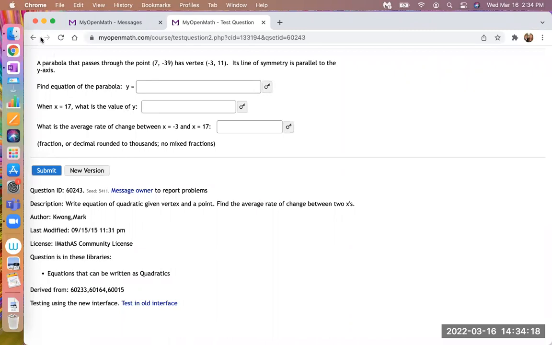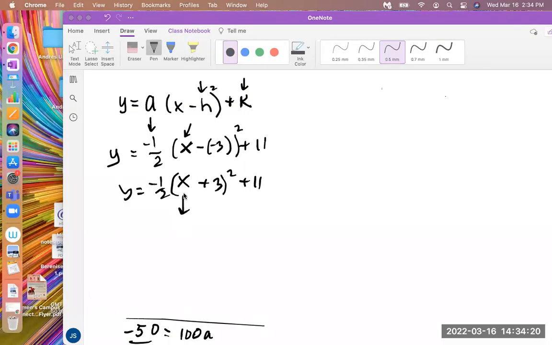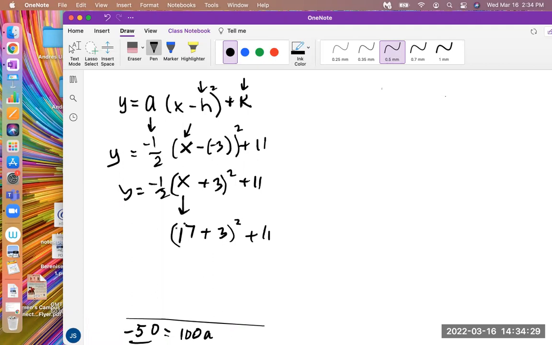What is the value of y? That's negative 1/2 times 20 to the second power plus 11.